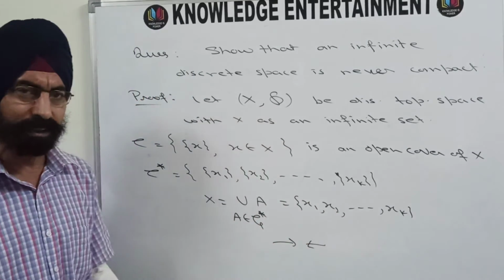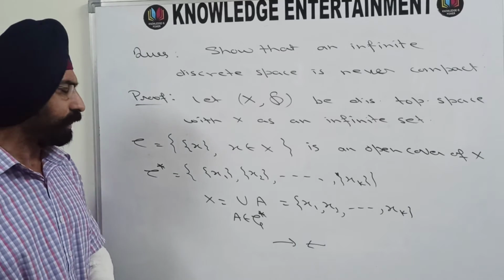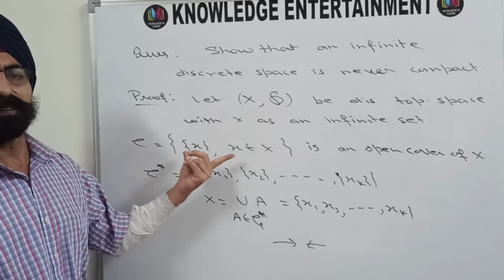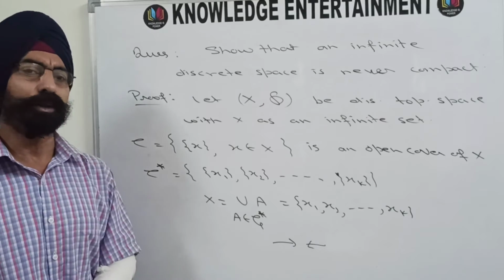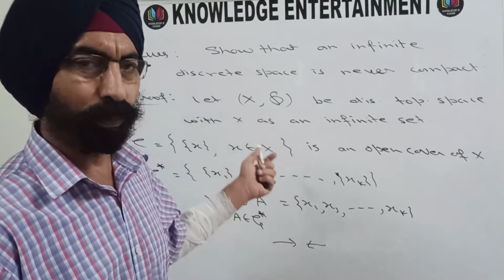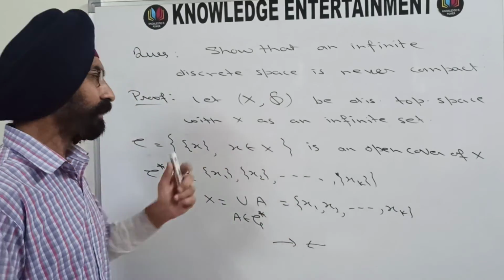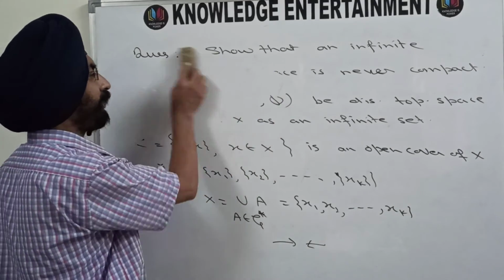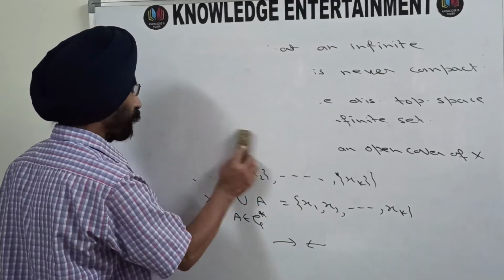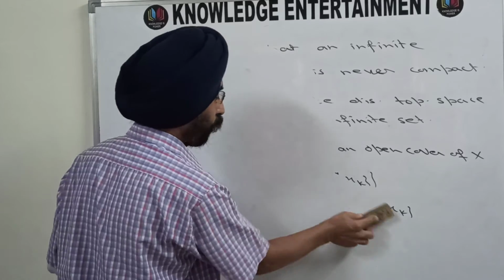And why this contradiction? Because we have supposed that C star is a finite subcover of C. So that means there will be no finite subcover of C. So there is an open cover having no finite subcover, which makes the infinite discrete topological space not compact.